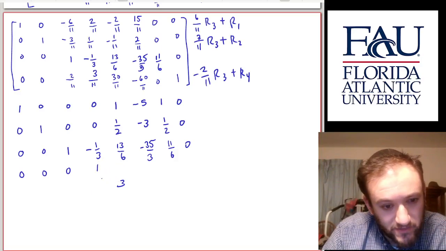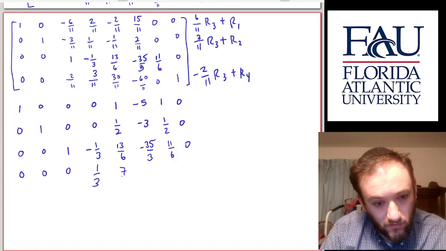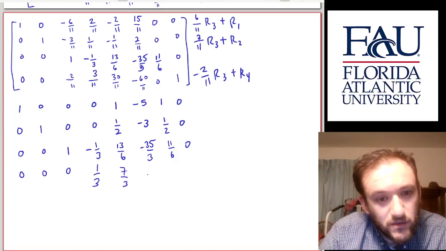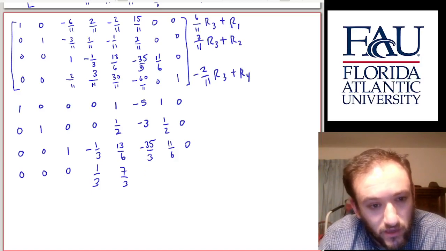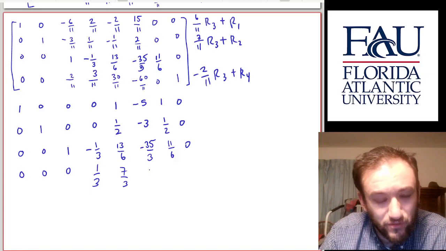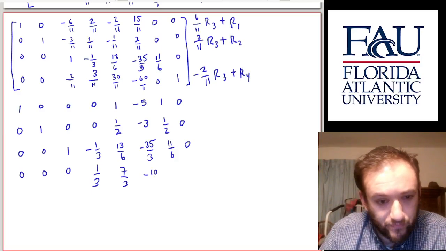Actually, no, it's positive 7 over 3. Okay, and 70 over 33 minus 60 over 11, or minus 180 over 33. That's 110 minus 110 over 33, or minus 10 over 3.